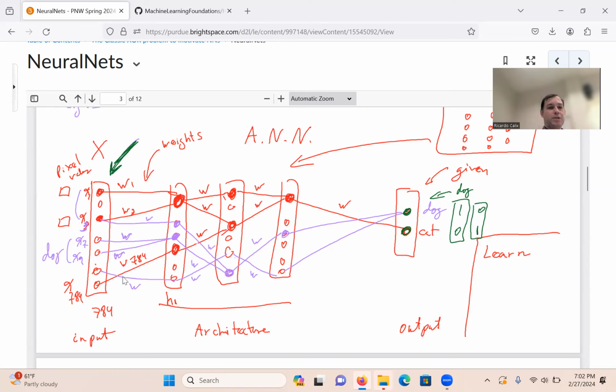I only have one connection drawn, but imagine there are 2 connections from 2 pixels. It sees those 2 together and learns that in images of cats, it always sees this one and this one, so it connects those 2 things together. Now this one fires.